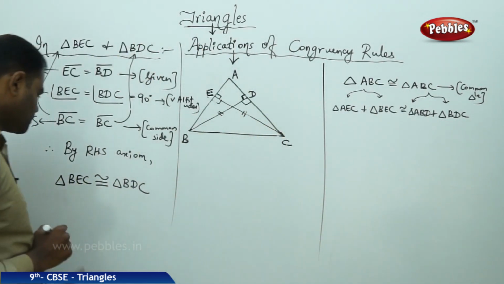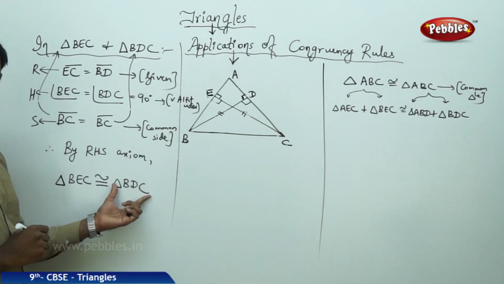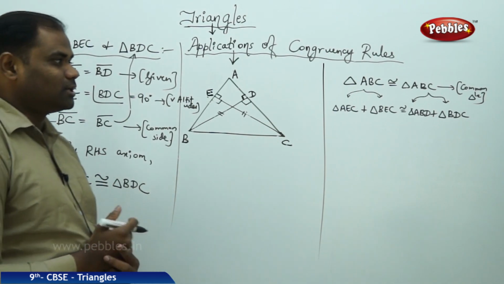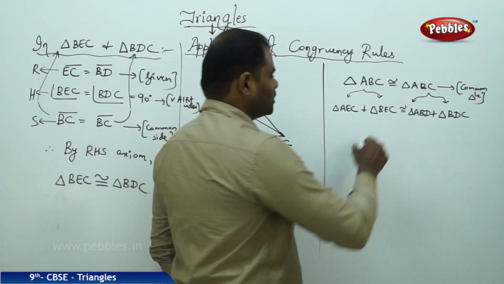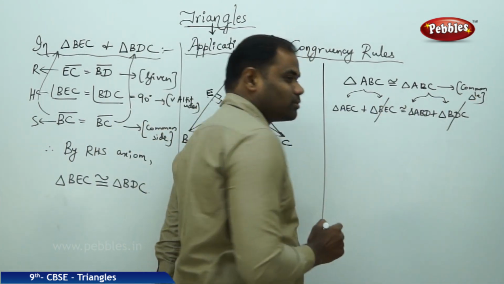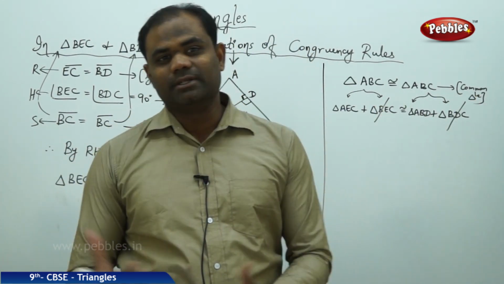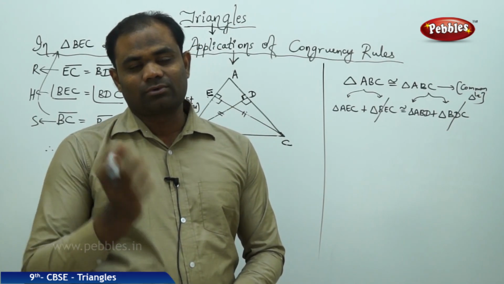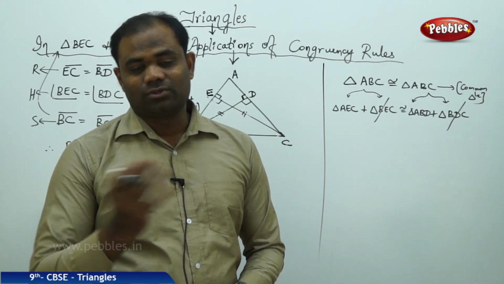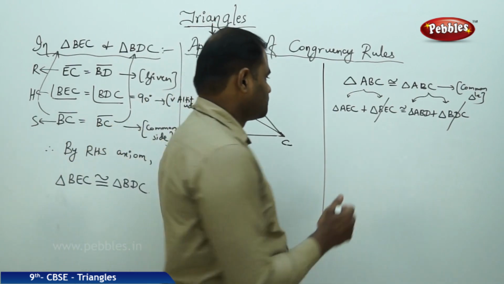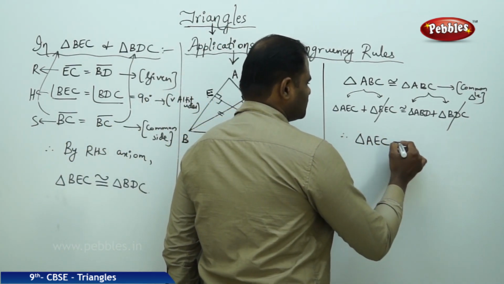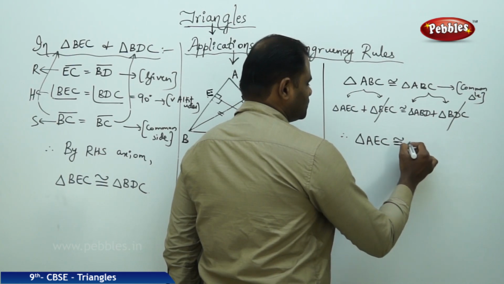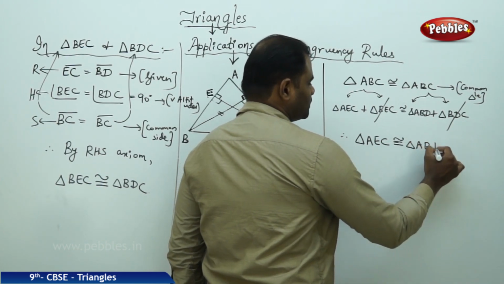Now clearly I proved that triangle BEC is congruent to triangle BDC, which are equal in all respects. Now because these two triangles are equal, I can cancel the two triangles which are exactly equal in size. So two equal quantities can be struck off on the two sides of the equation. Therefore, triangle AEC is congruent to triangle ABD.